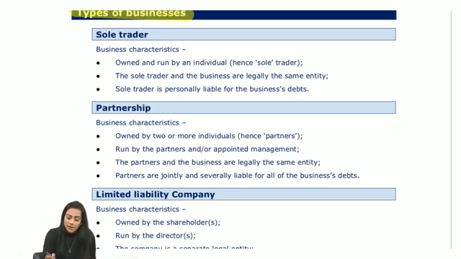A sole trader is a business that is run by an individual. Okay, a sole trader is where you've got a business run by an individual. So sole means one, sole trader. So one person is running their business.